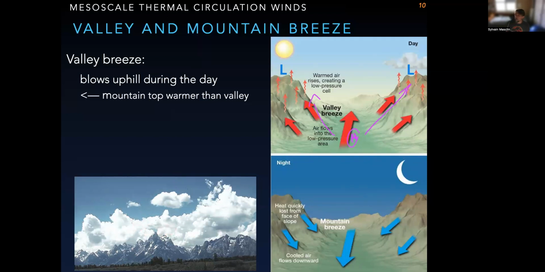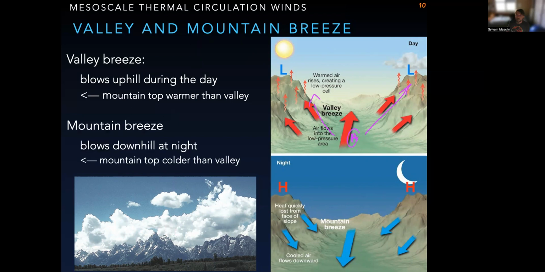Then at night, the contrary happens. The sun disappears from the picture, and the top part of the mountain gets colder faster than the valley itself. And so we're reversing the high and low pressure systems, with the higher pressure being on the top part of the mountain. And so at this point, the mountain breeze happens with the wind blowing downhill, going towards the valley and bringing cold air.